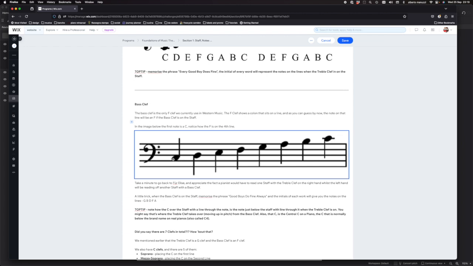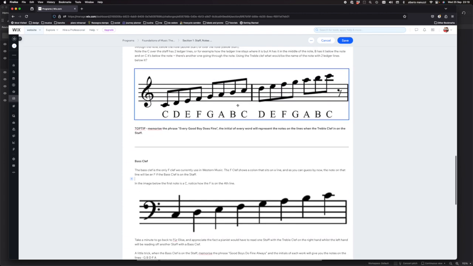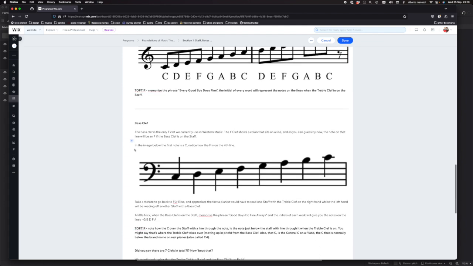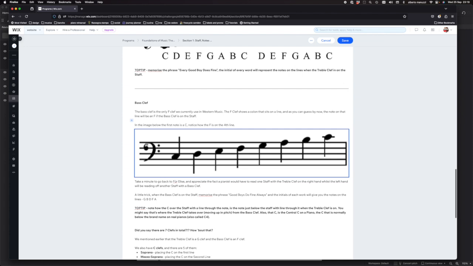You see C will be on the 2nd space, whereas on the treble clef we had a C on the 3rd space, because G is the 2nd line, A 2nd space, B 3rd line, C 3rd space. On a bass clef we'll go down from F, which is the 4th line; 3rd space is E, 3rd line is D, 2nd space is C, right?